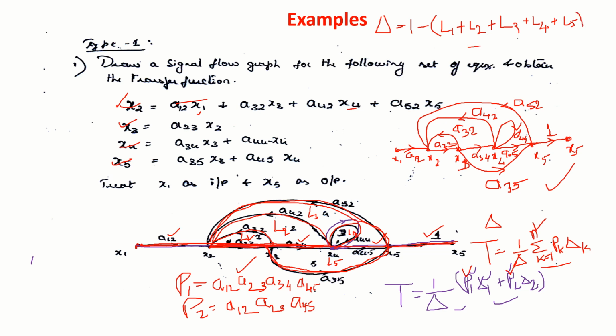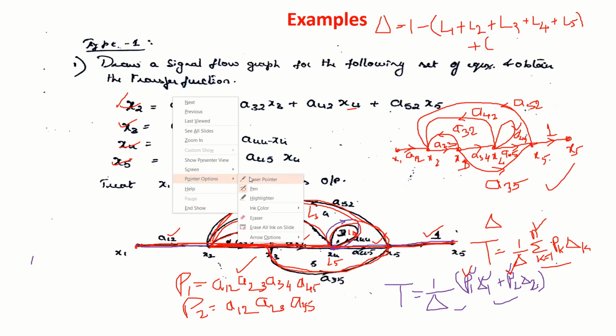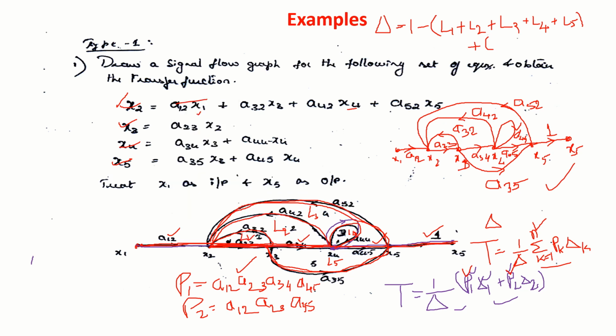Okay, plus consider two non-touching loops. How many such combinations we have? Let me choose green color. This loop you consider and this loop you consider. These two are not touching.